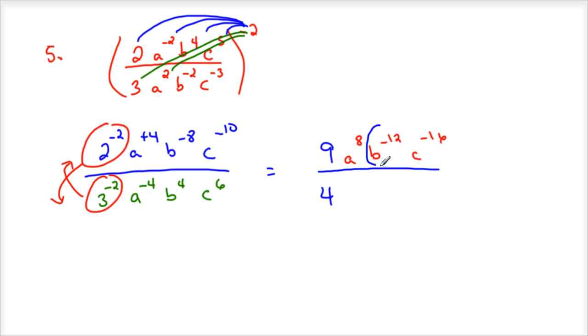These two terms here, with the negative exponents, are going to come down below. So 9 a to the 8th over 4 b to the 12th c to the 16th.